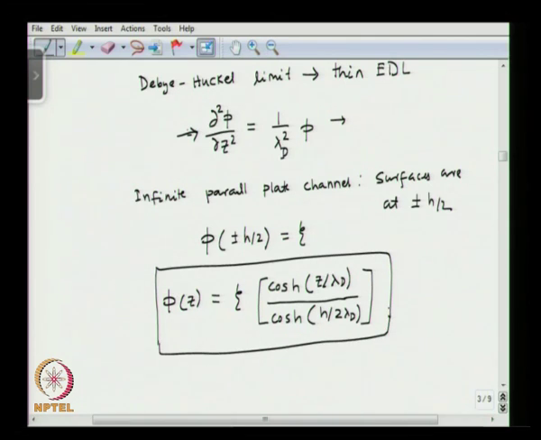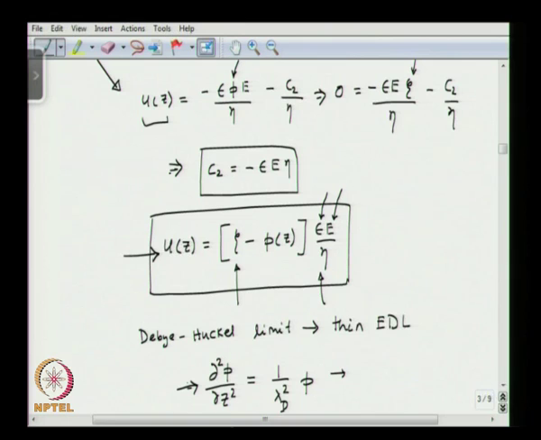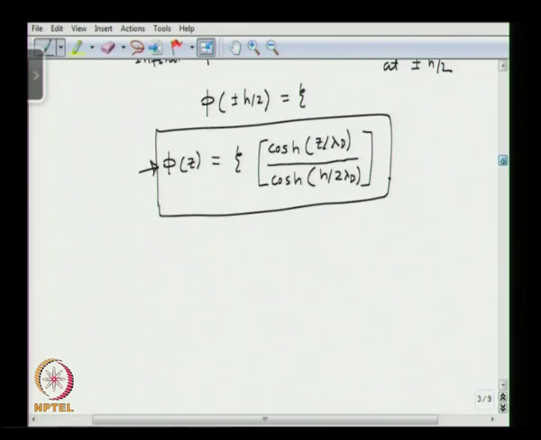Now, if we substitute this phi z in this velocity expression, we have an expression for the velocity along z direction.